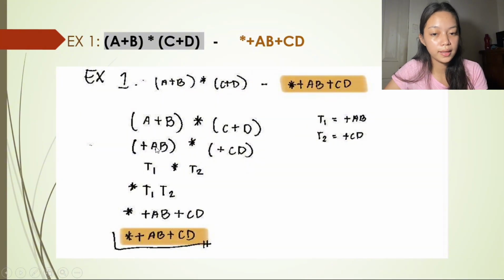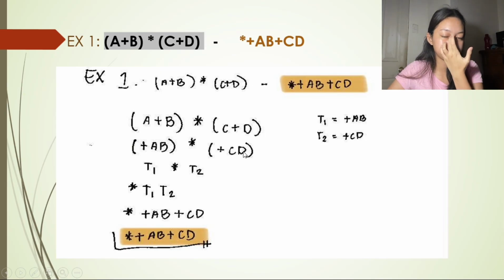followed by the operands. So mao na manata diri sa first nga parenthesis. Next is na may another parenthesis, ang c plus d, same gihapon, ipagawas ang plus and then it followed by the operand, so plus c d.